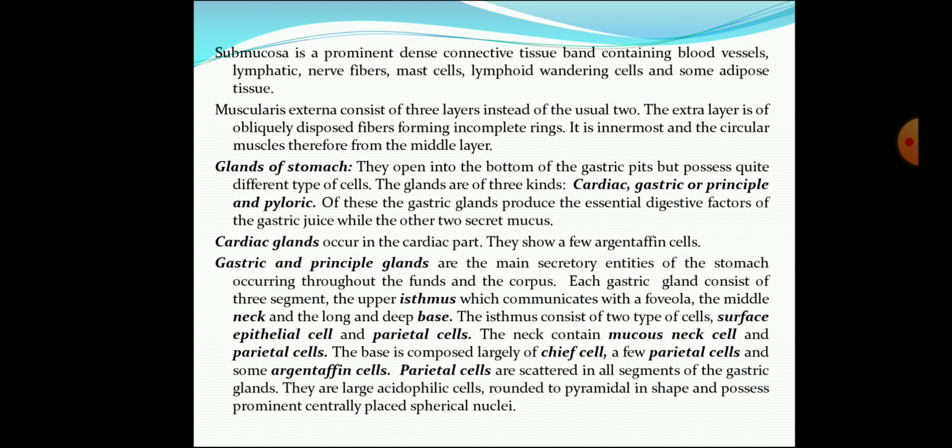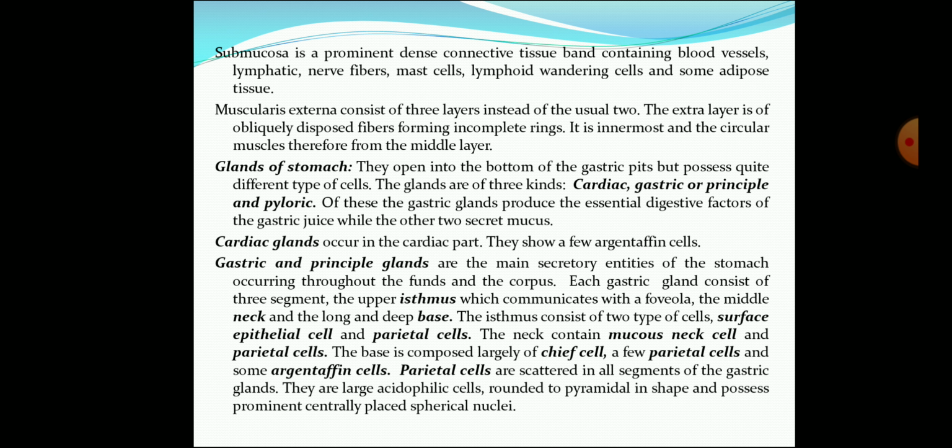They are mostly straight but near the muscularis mucosae become dilated and bent. Each gastric gland consists of three segments: the upper isthmus, which communicates with a foveola, the middle neck, and the long and deep base.